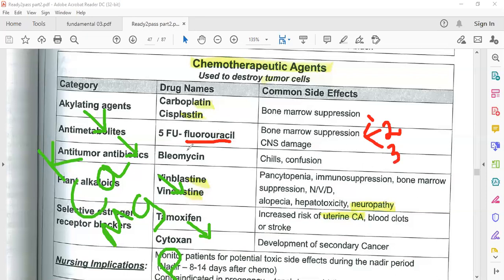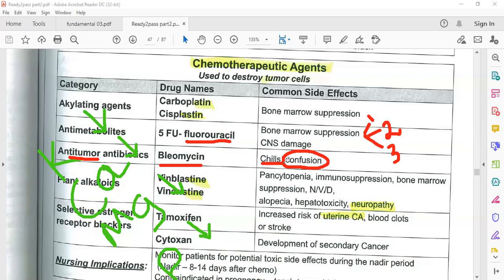And another medication is the anti-tumor antibiotic called bleomycin. Bleomycin has a side effect of confusion, right? Or chills.